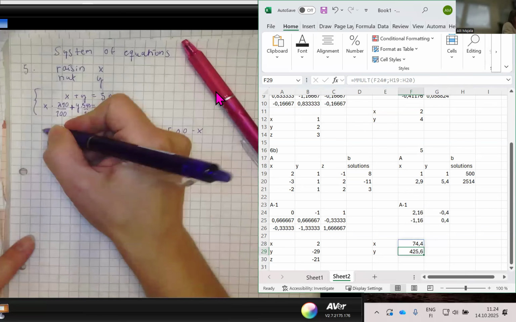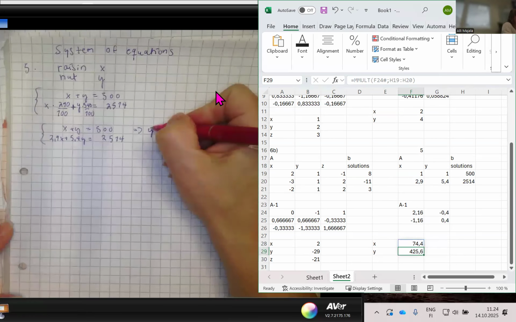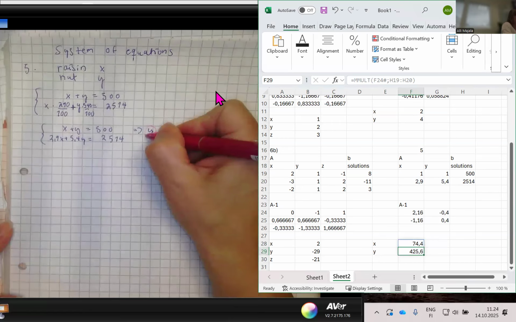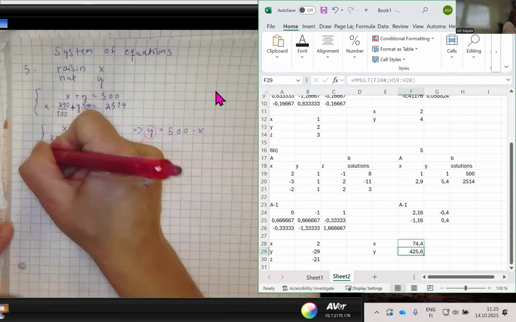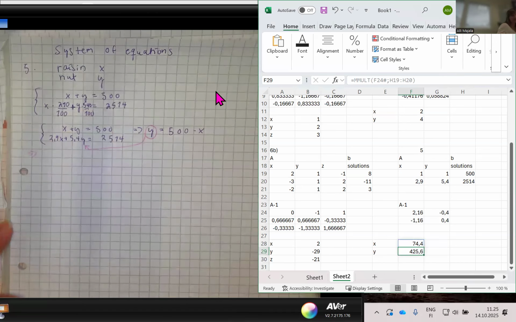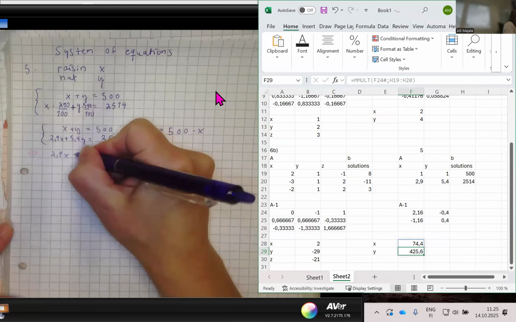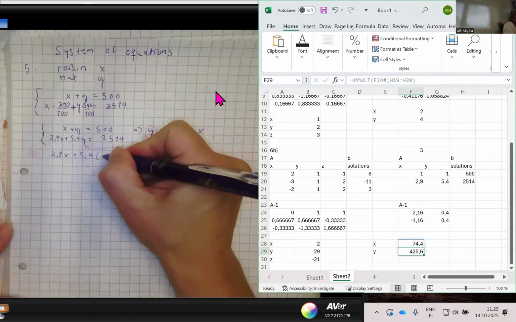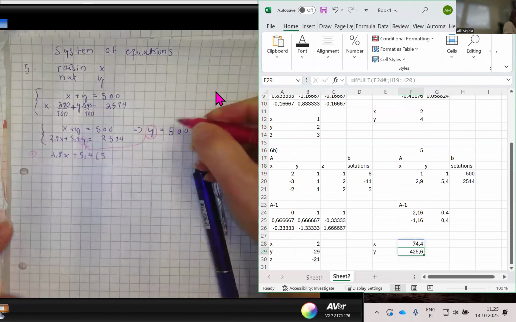Yeah. So I have the Y now from this and I put it there. So I get then Y appeared there that I just solved.